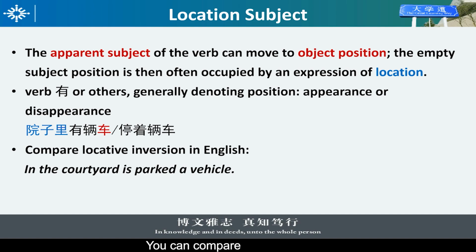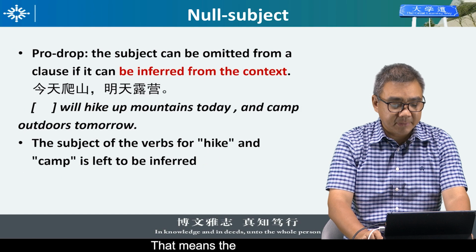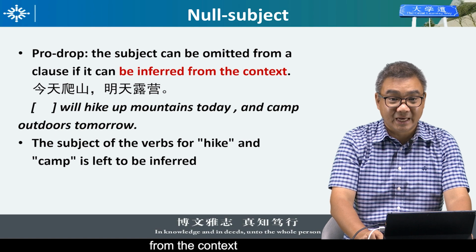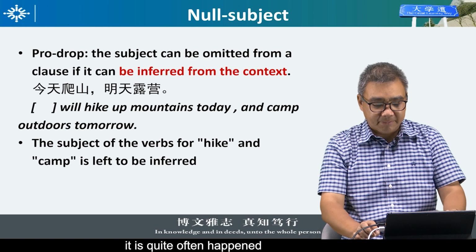You can compare the English version of this meaning: in the courtyard, a vehicle is parked. You need to use the prepositional phrase, in the courtyard. Another situation is the null subject, or pro-drop. That means the subject can be omitted from a clause if it can be inferred from the context. It happens quite often in Chinese.